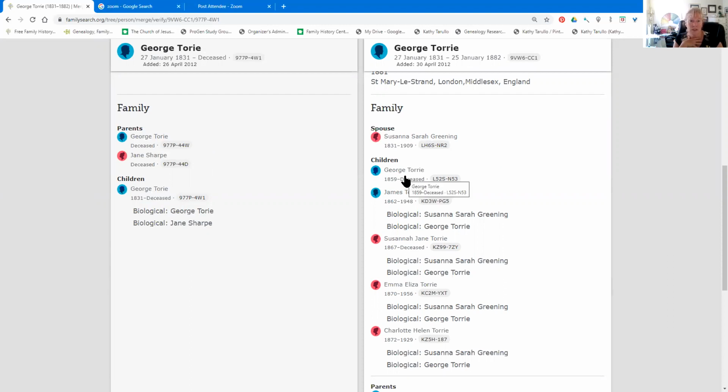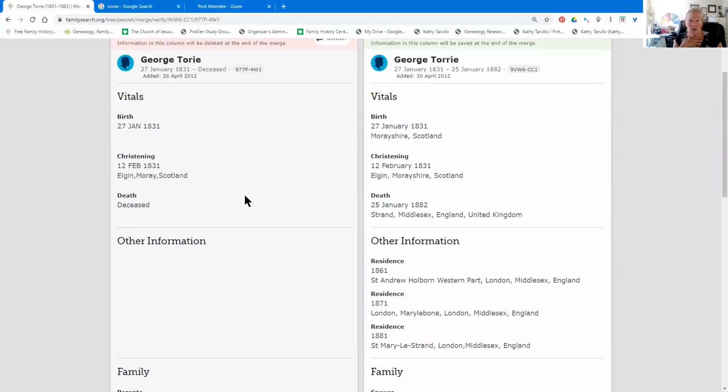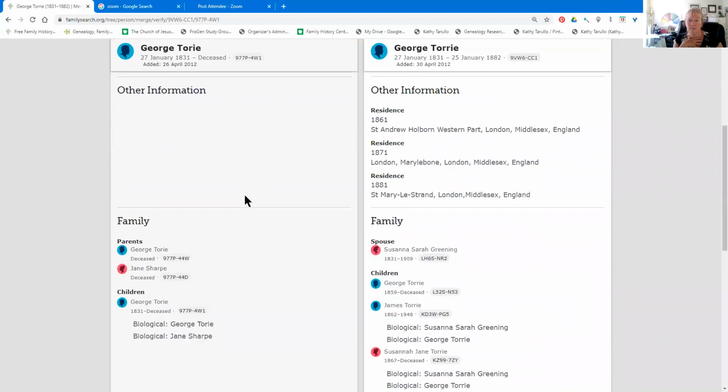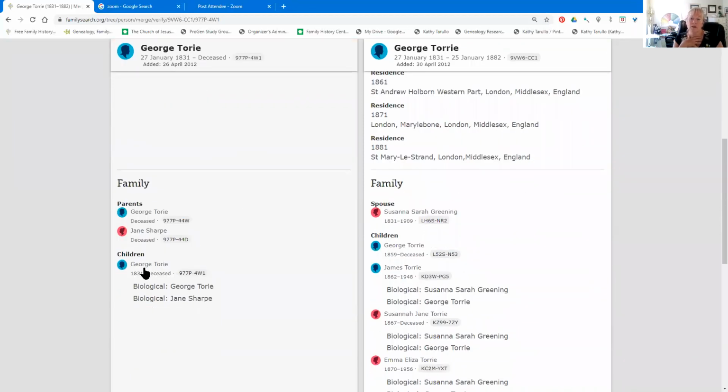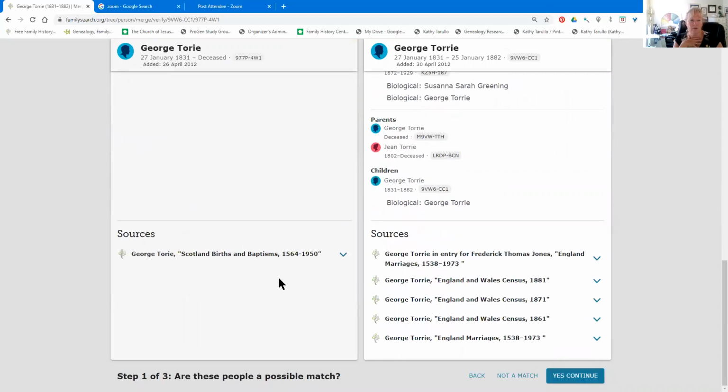Now, it's interesting that this George Torrey was born in 1859, and that one in 1831. Let me go back up and see what's going on here. Oh, I'm sorry, I said that wrong. This George Torrey is the George Torrey we're talking about, and that's who his parents are, and he was born in 1831. Okay, I'm scrolling down to see what other information there is.